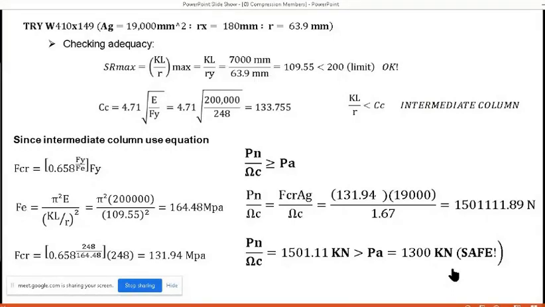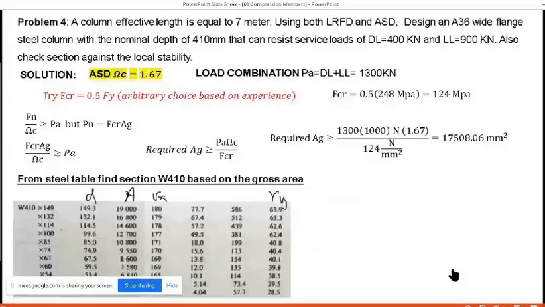So we need to try another section. 410 pa rin tayo kasi naka-specify na sa problem natin that our depth is 410. Okay? So we need to try another section.